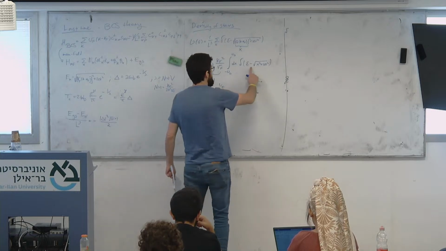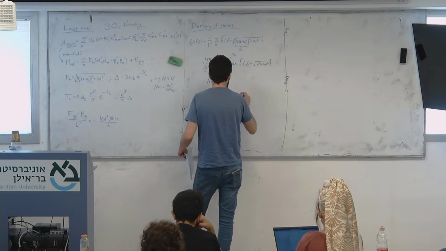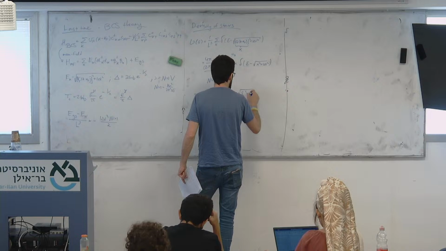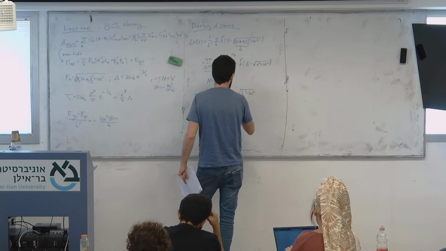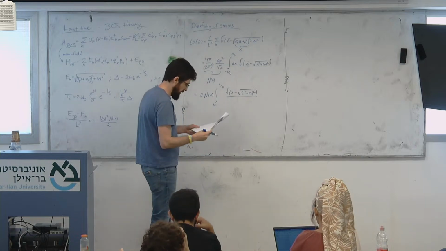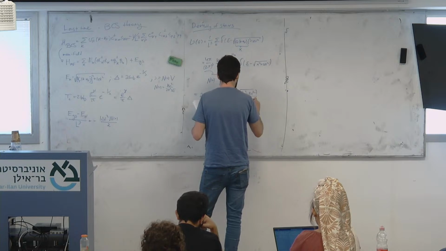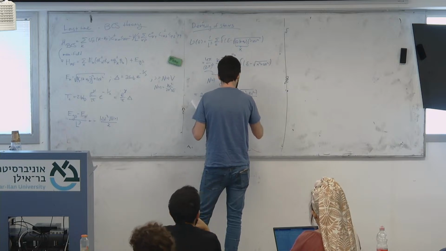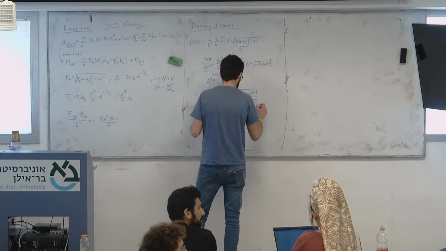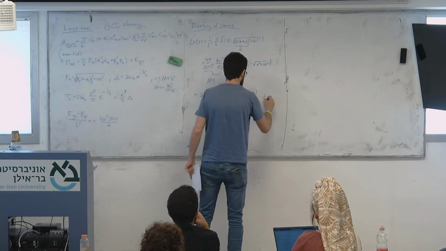Now let's change this to be a delta function over x, so this becomes x minus the square root of epsilon squared minus delta squared. But because this is a delta function of a function, we have this factor of x divided by square root of x squared plus delta squared, and this whole thing is dx.